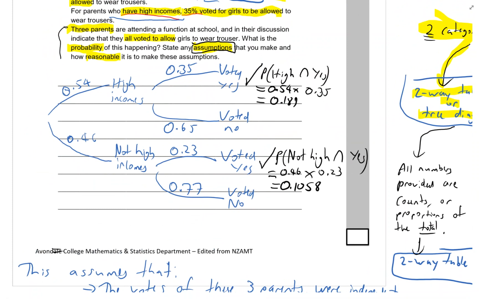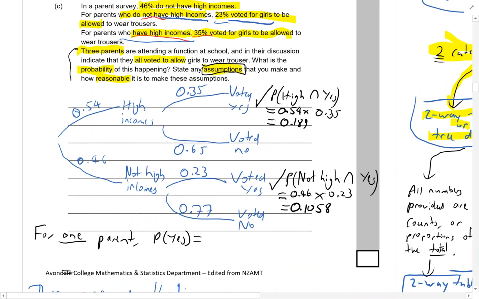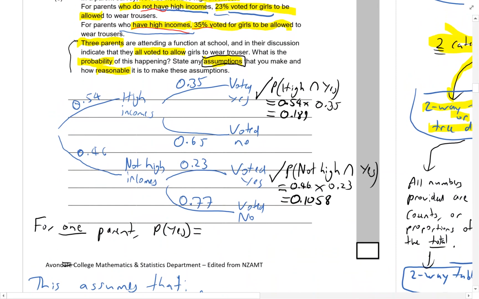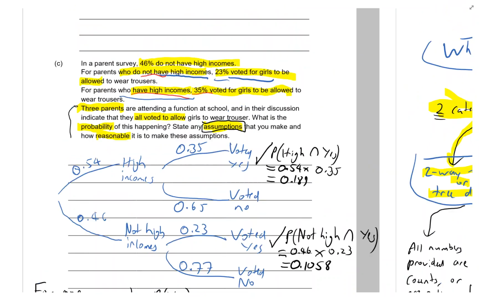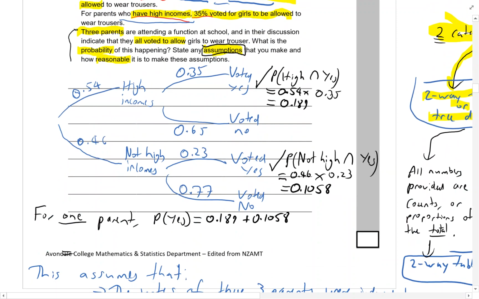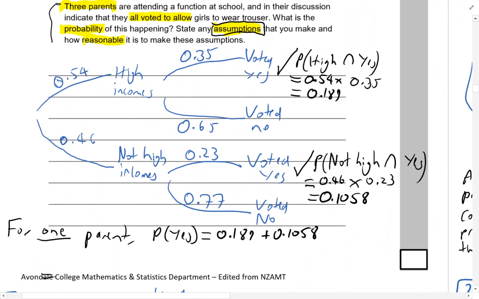So now what do we want to do with those 2 probabilities? Well, to get the total probability that a parent votes yes, we need to add those probabilities together. So, for one parent, the probability of voting yes, and see how I'm labelling it as I go, is going to be 0.189 plus 0.1058.